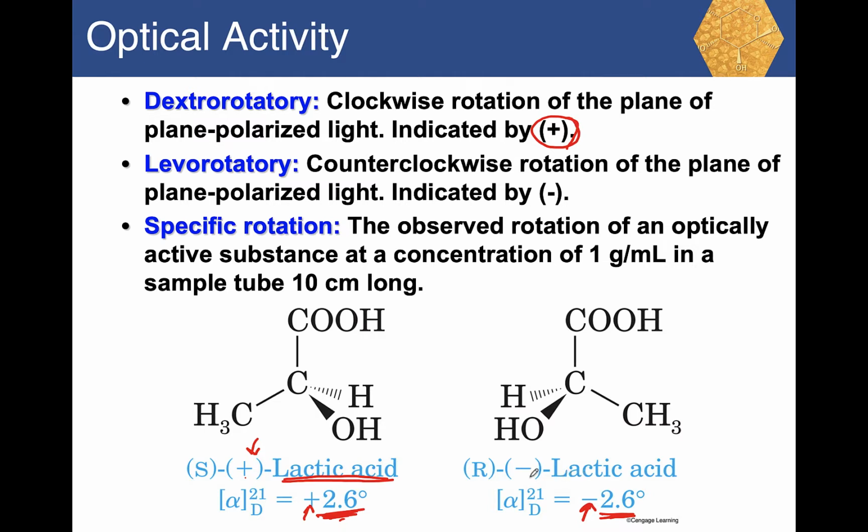Again, this is an experimental determination. If you're an experimentalist and you have synthesized a new compound in the lab and determined that it's optically active, you can determine if it's a plus or a negative, and assign to it the physical property of optical activity.